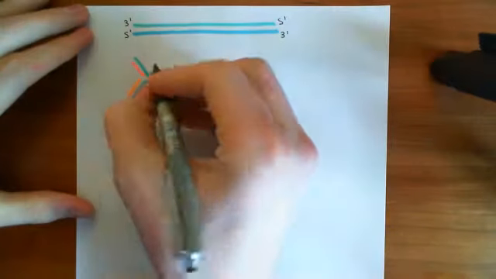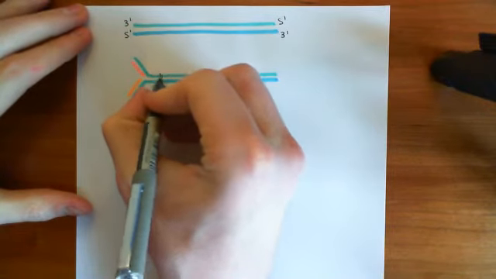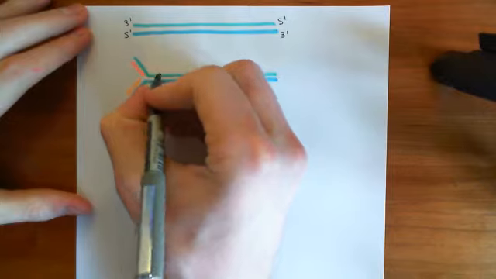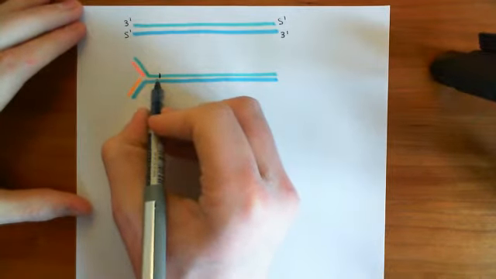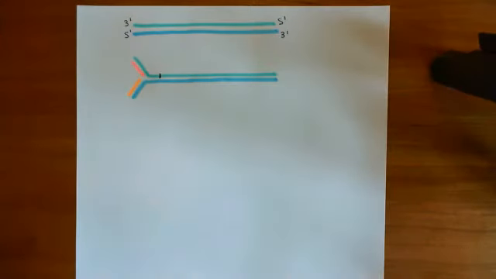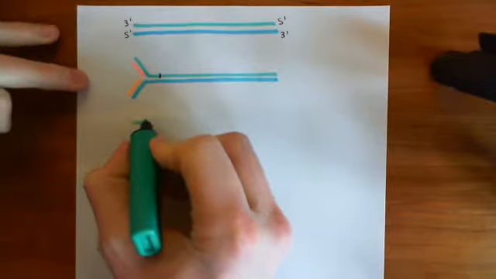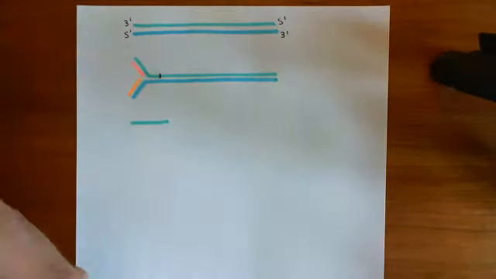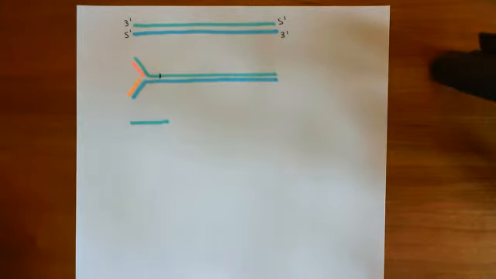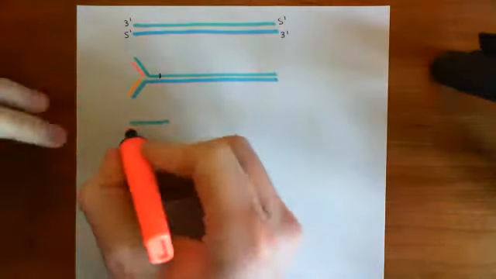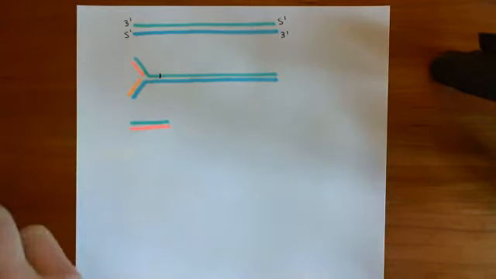Now we've got a problem. We've got this single strand break in the turquoise strand just ahead of the replication fork here. When the replication fork actually meets that single strand break, you're going to get a broken replication fork. The turquoise strand is going to completely detach from the blue strand, and the rest of the turquoise strand and the red strand will now be fully complementary to that little fragment that we've got there.